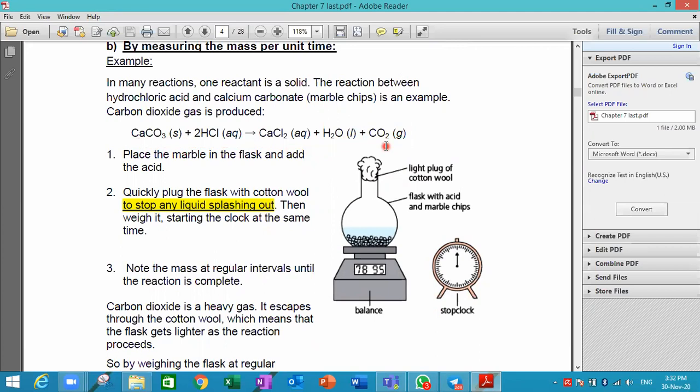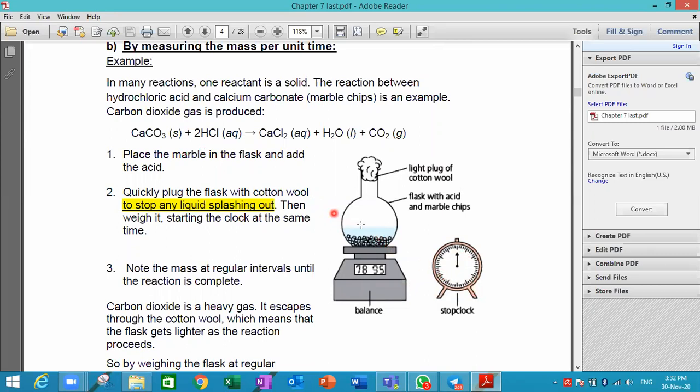Of course, we can measure the volume of this carbon dioxide gas using a gas syringe, but another method is to place the flask that we are going to do our experiment in on a balance, and we prepare our stop clock.